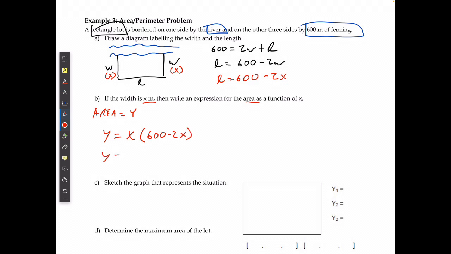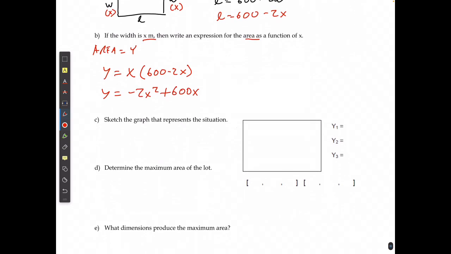Or the area is equal to negative 2x squared plus 600x. That's what I'm going to be graphing. Negative 2x squared plus 600x.